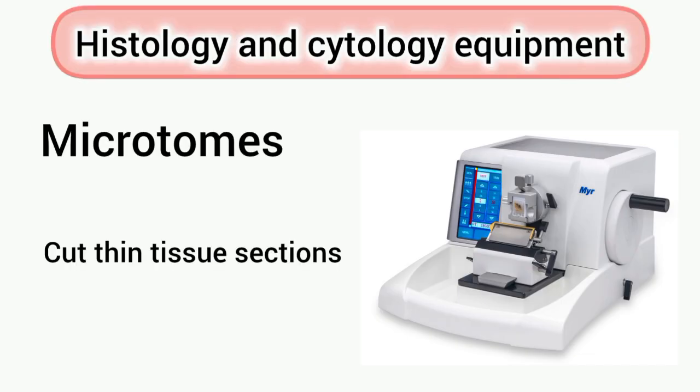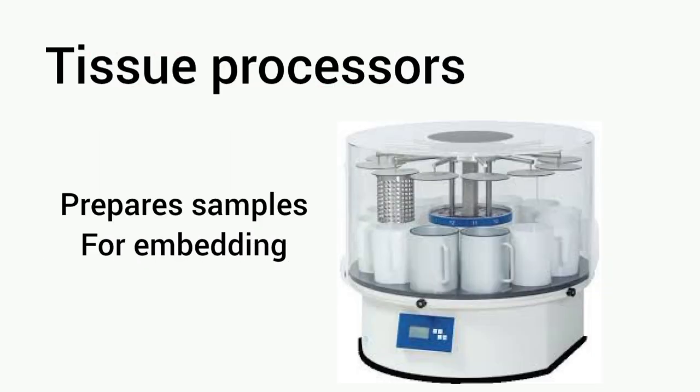Histology and cytology equipment in medical laboratory: microtome, used for cutting thin tissue sections. Tissue processor, it is used for preparing samples for embedding.